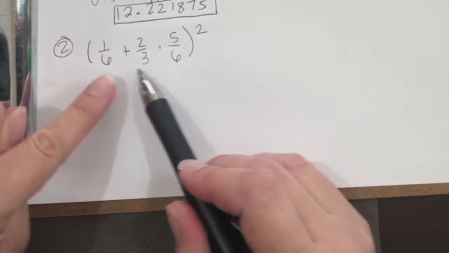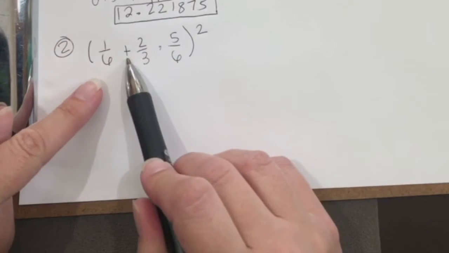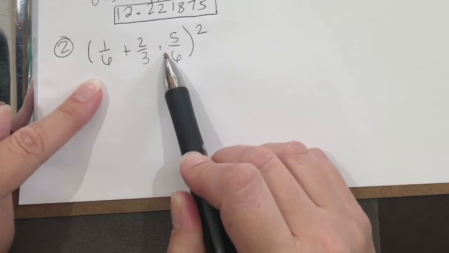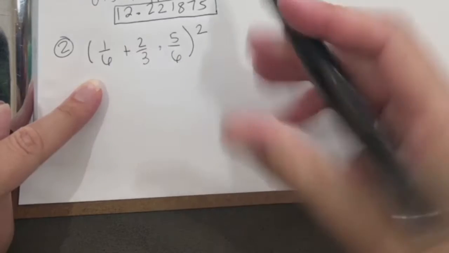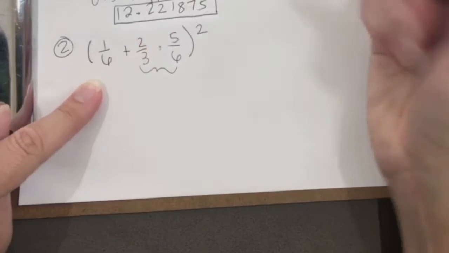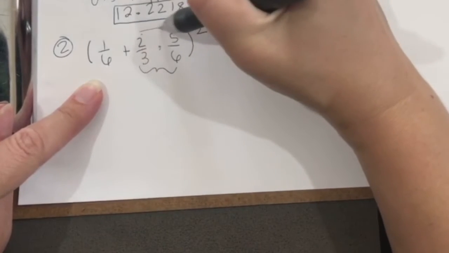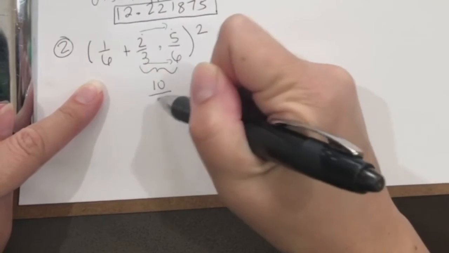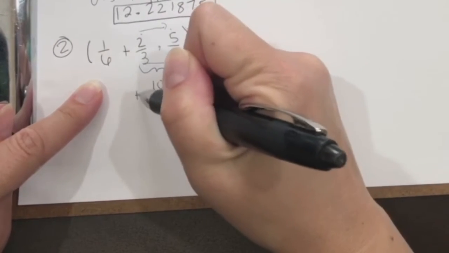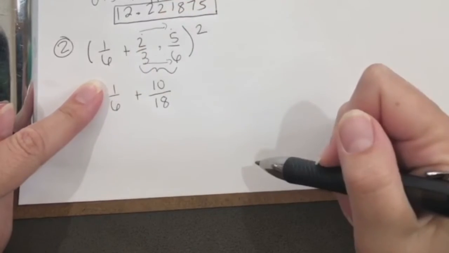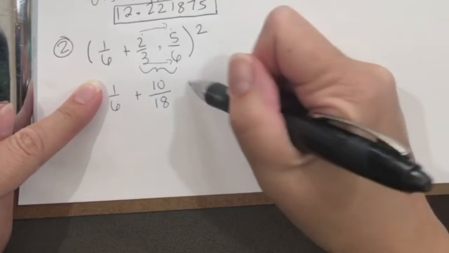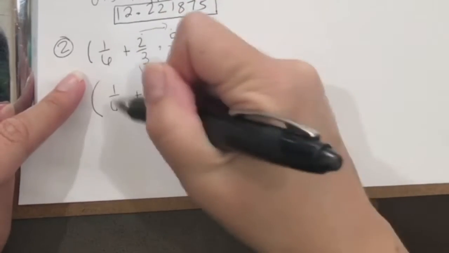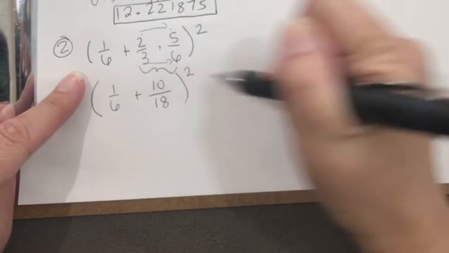So let's just look inside the parentheses. We have an addition and we have a multiplication. The multiplication comes first. So 2 times 5 is 10, and 3 times 6 is 18. We're going to add 1/6 to that, and then what's inside the parentheses at the end will get squared.